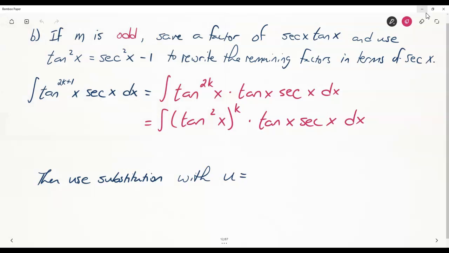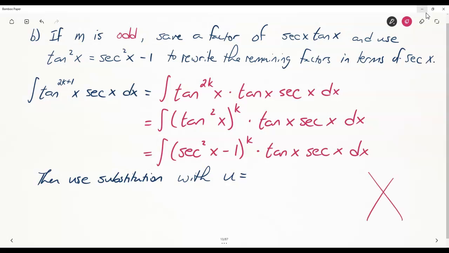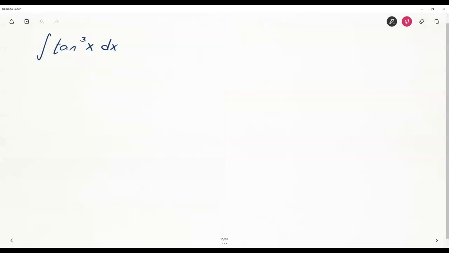And I'm going to rewrite this because I had to correct it. I'm going to rewrite this and this. Okay.